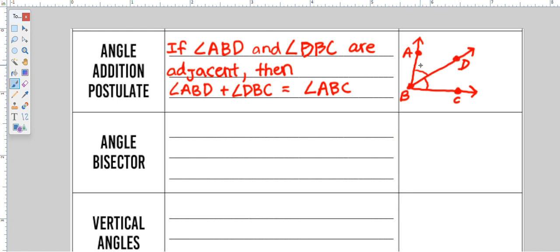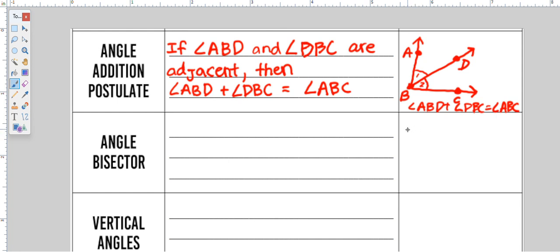If I was to add angle ABD to angle DBC, if I were to add angle 1 to angle 2, it would give me the whole angle, ABC. Again, I write that angle ABD plus angle DBC equals angle ABC.